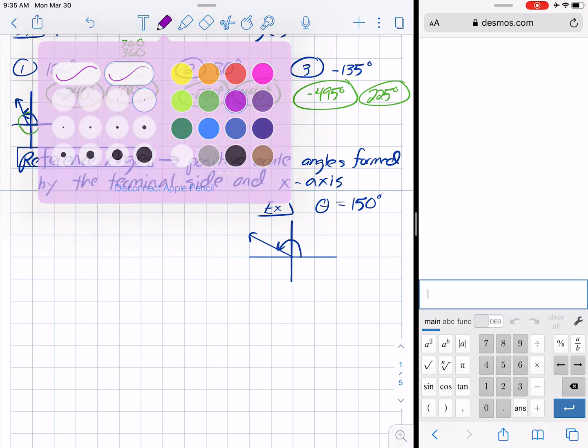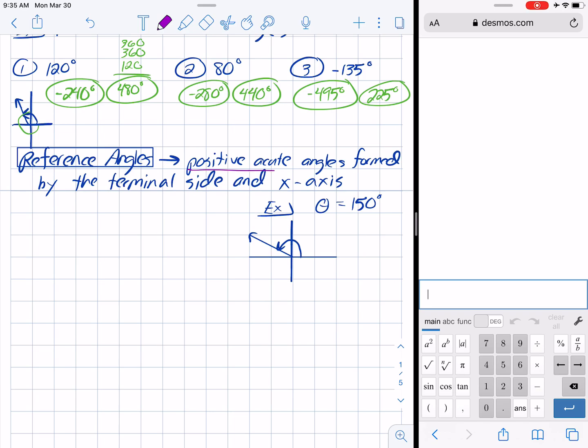Well, the reference angle is the positive acute angle formed by the terminal side, this side, and the x-axis. So that would be right here. So this would be my reference angle. So for a 150-degree angle, the reference angle would just be 30 degrees, because 30 plus 150 gets us our straight line.